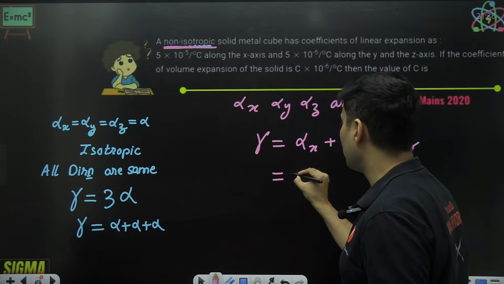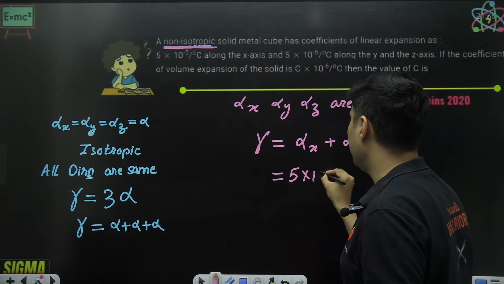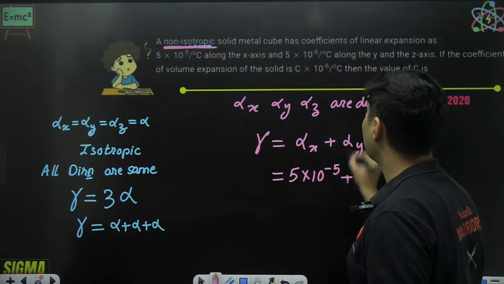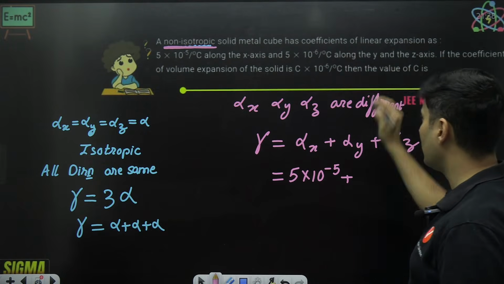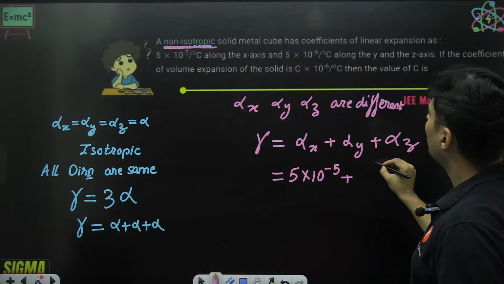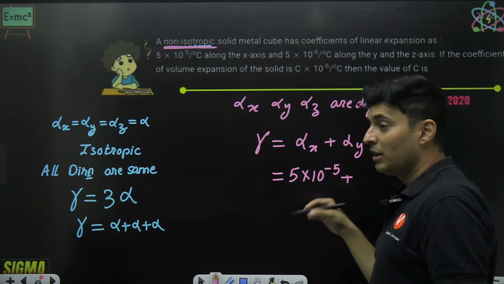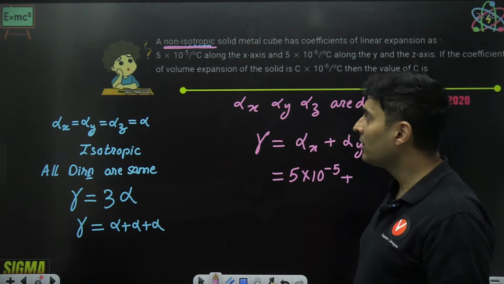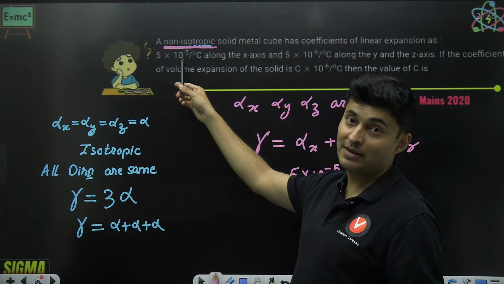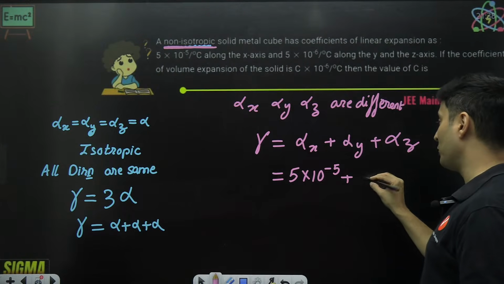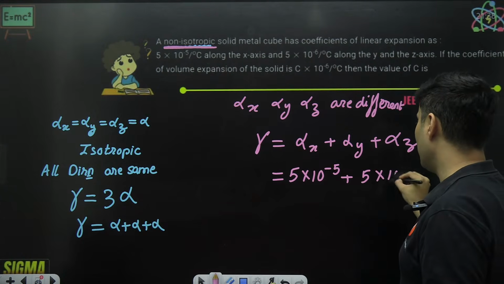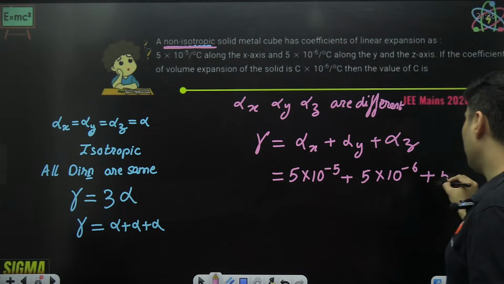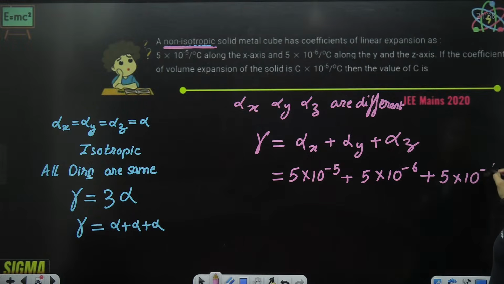So the first number which we have to add is 5 into 10 to the power negative 5. The second and third numbers coincidentally are the same. Now be careful. A lot of people say, sir, this is also 5, this is also 5. Even I felt the same initially. But look at the power. This is minus 5. This is minus 6. So 5 into 10 to the power minus 6 plus 5 into 10 to the power minus 6.